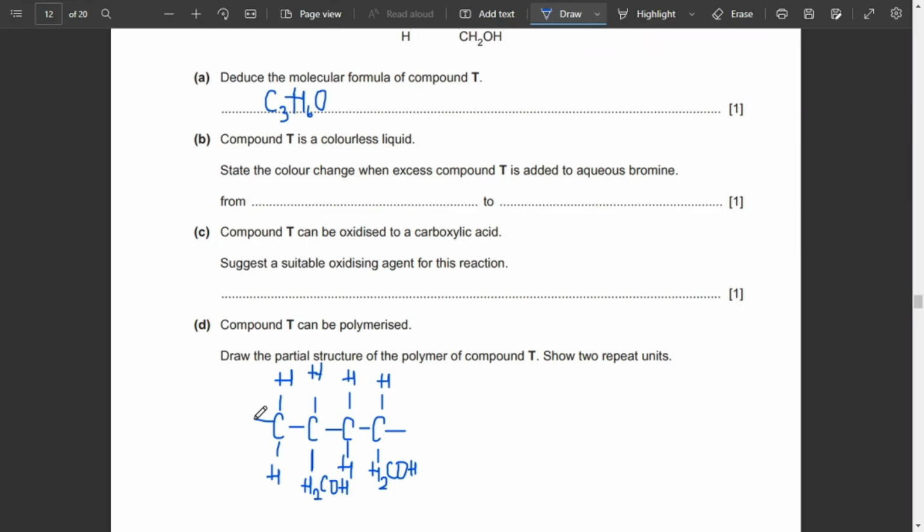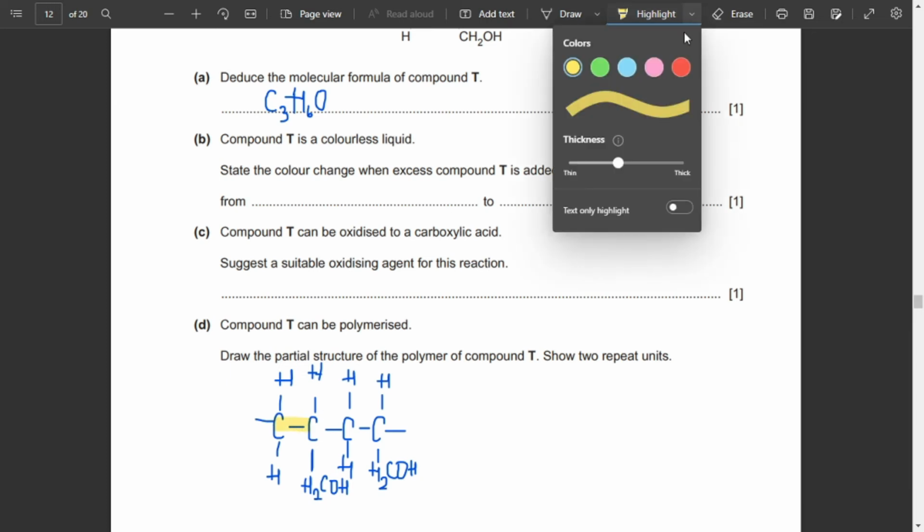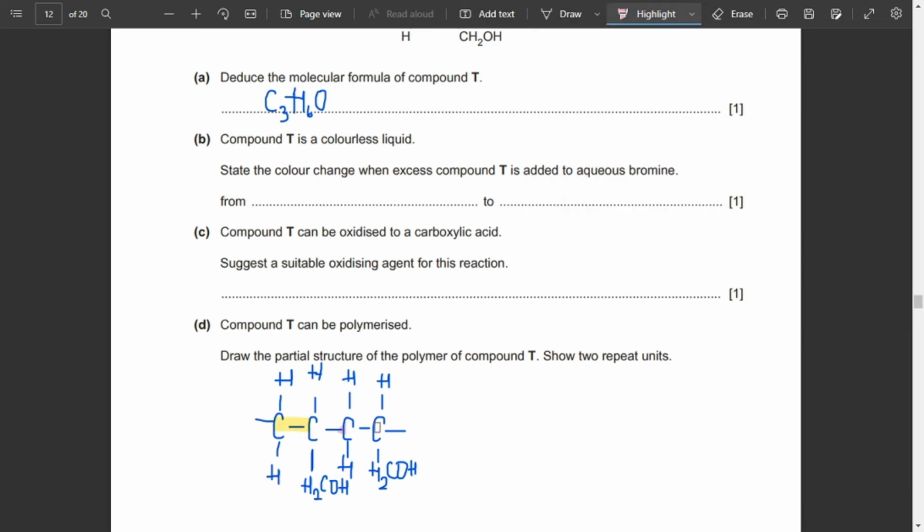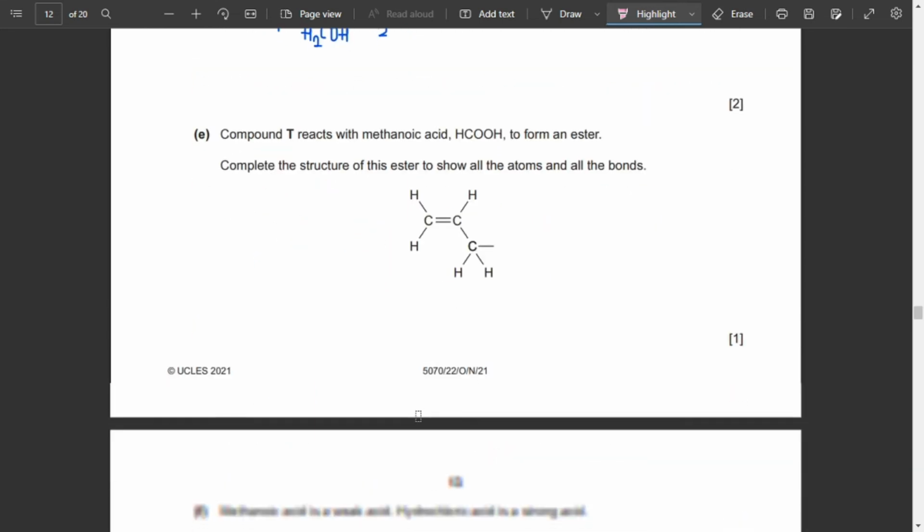As we can see over here, this is 1 unit, and then this is a second unit.